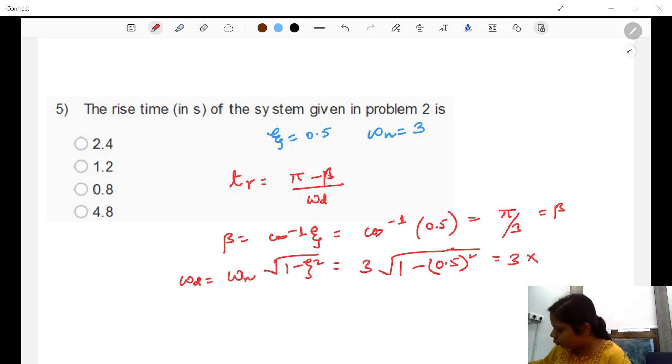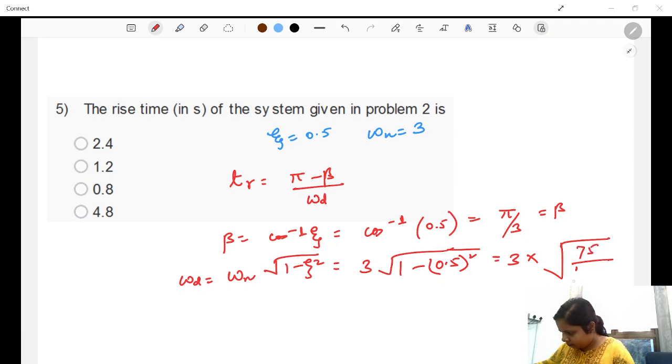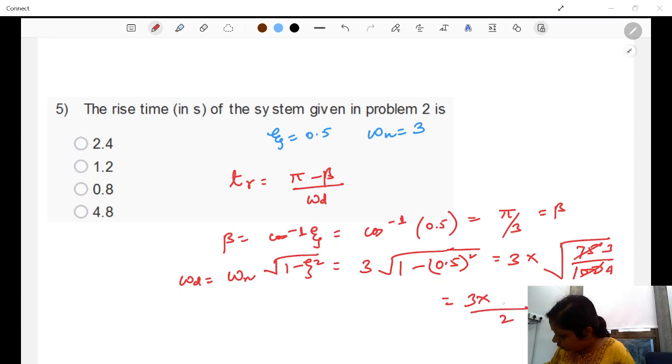So 3 into root of 1 minus 0.25, so it would be 0.75, meaning 75 by 100. So it would be 3 into, you can write it as 25 threes are 25 fours are, so it would be 2 and here it would be root 3. So 3 root 3 by 2 is omega d.